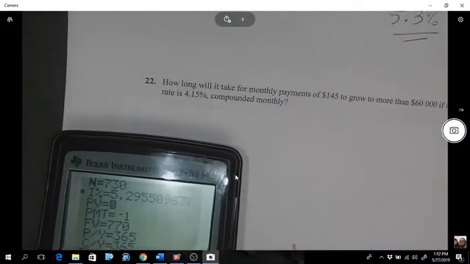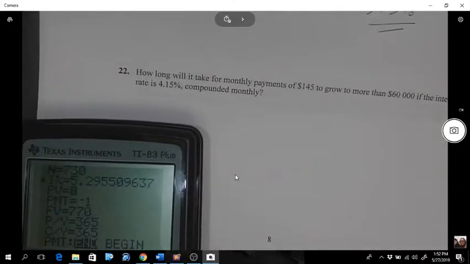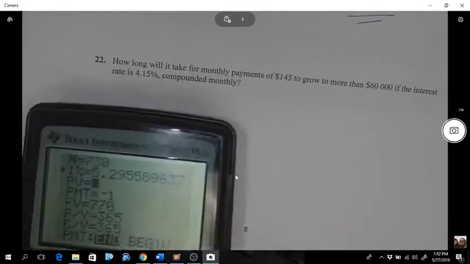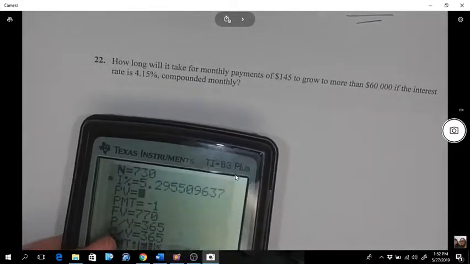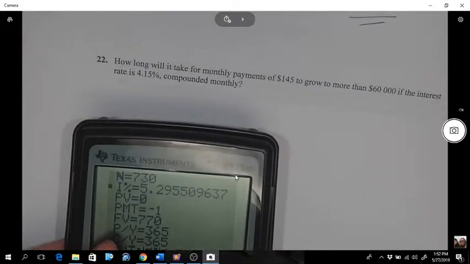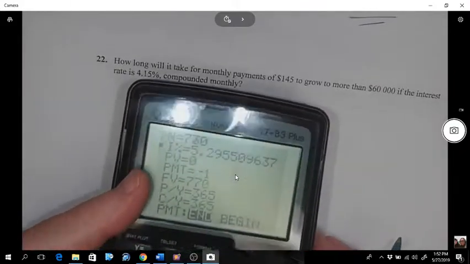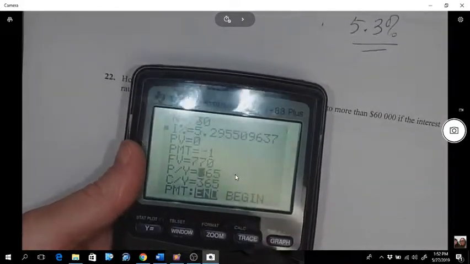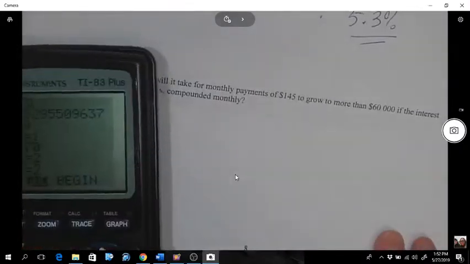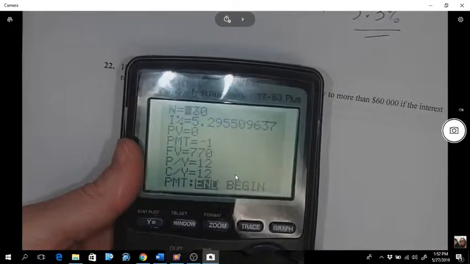How long will it take for monthly payments of $145 to grow to more than $60,000 if the interest rate is 4.15 compounded monthly? Okay, so compounded monthly, got a 12 down there. The number is what we don't know.